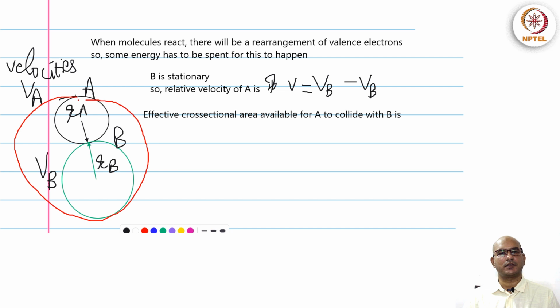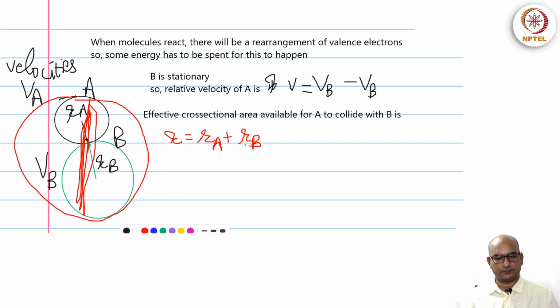So, the cross sectional area is this one, and the radius of this sort of sphere is R equal to RA plus RB. So, the effective cross sectional area for A to collide with B is pi R square.